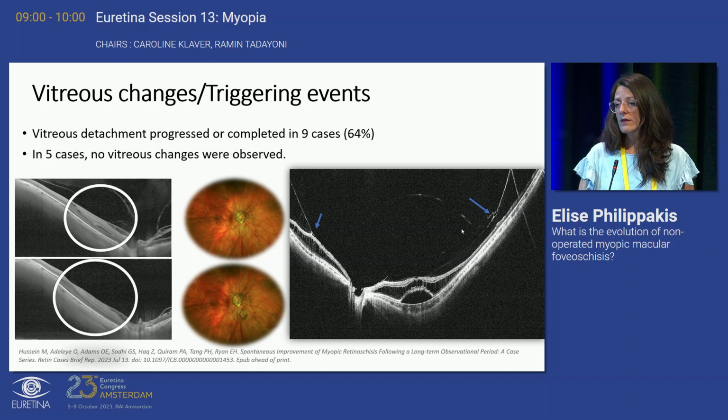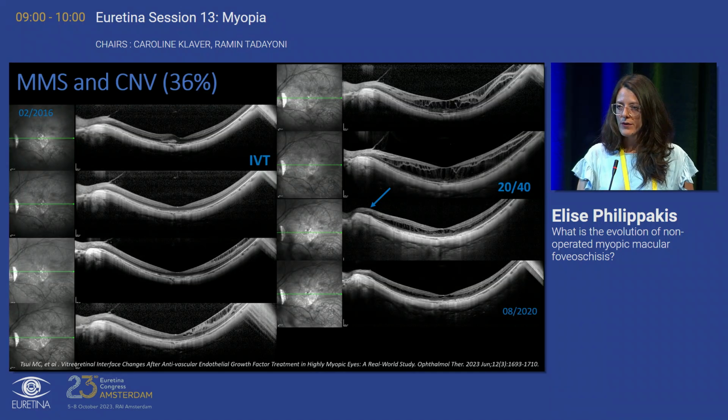And in 5 cases, no vitreous changes were observed, but as you know, even with these amazing wide field OCT scans that we can have with Canon, we see the vitreous, how it is attached, but our understanding of how it creates tensions on the retina is not fully understood. But we can see that it's more complex than just detached, partially detached, and that vitreous in myopic eyes is very abnormal.